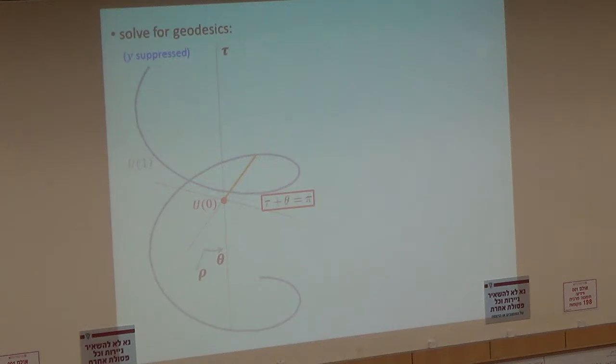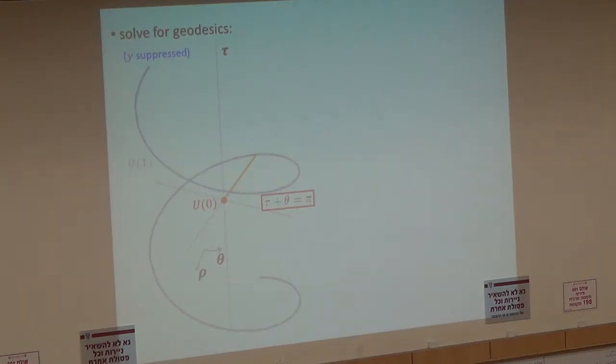So here's a pictorial representation of our problem. I've suppressed y. Y is some extra direction, and the circuit just merely drifts along in that particular direction. The interesting geometry is in this tau, rho, and theta space. Again, rho is a radius in this space, theta is an angle, and tau is some linear direction.